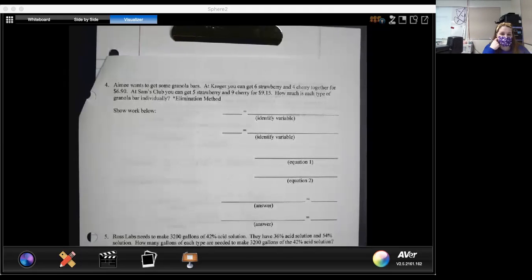So it's not going to be about the 6 strawberry and 4 cherry. That'll actually help us with the equation. But it is about the... What are we looking for? Let's see. Thank you. How about Nicole? What are we looking for specifically in our variable? So strawberry and cherry is important, but not the 6 and 4 yet. What are we looking for specifically in our variable?